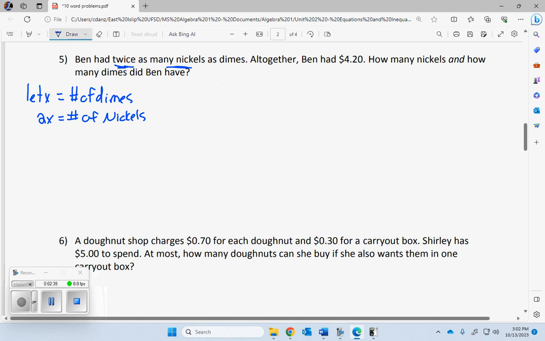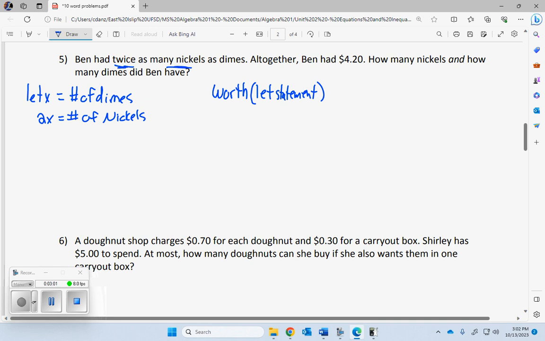I like to say that whenever we're dealing with these money problems, like coin problems, dollar problems, even items that cost money, it's the worth of the item, how much it's worth, times its let statement.